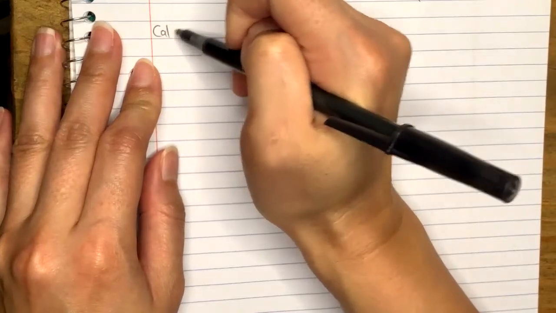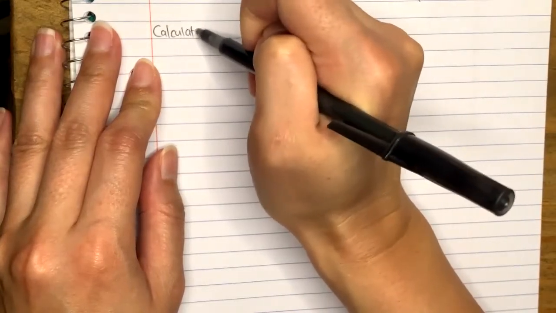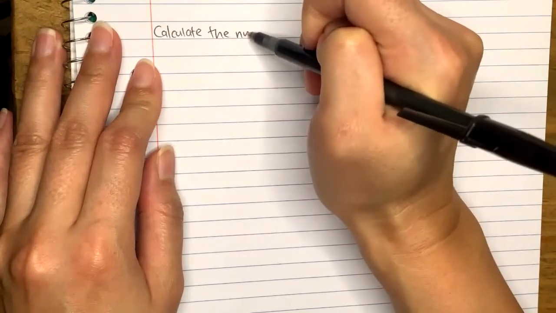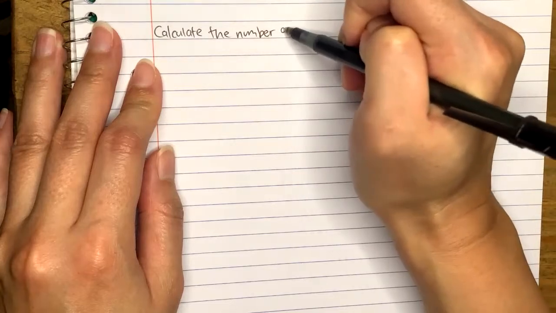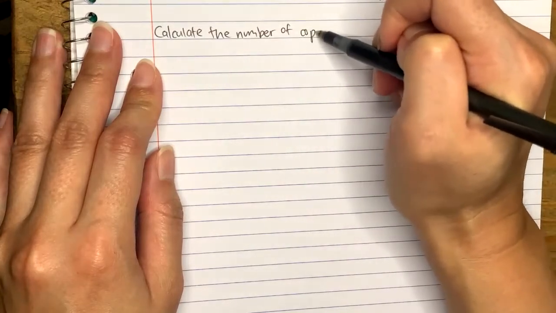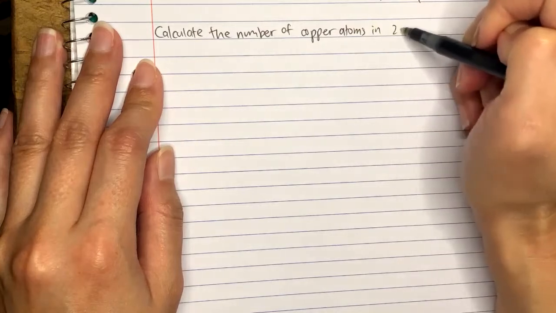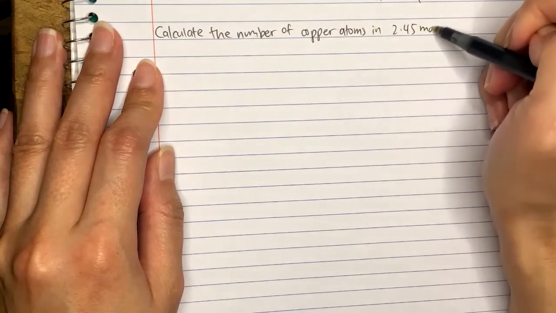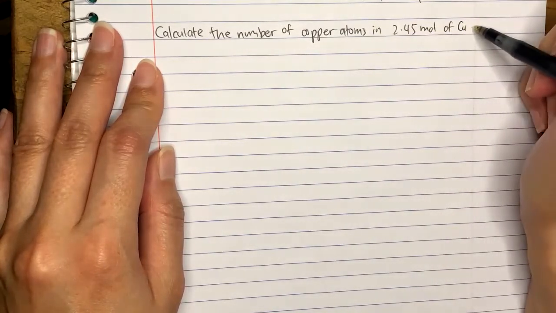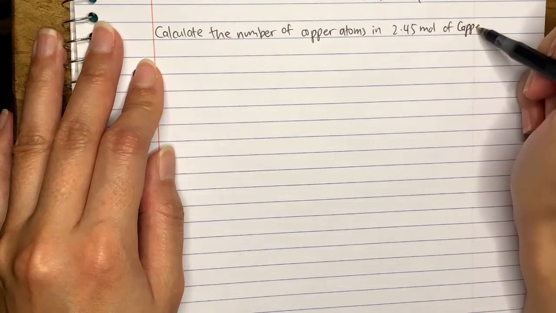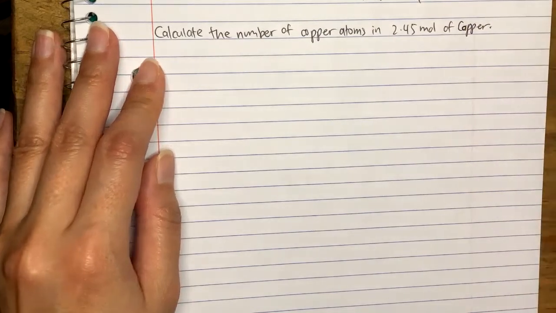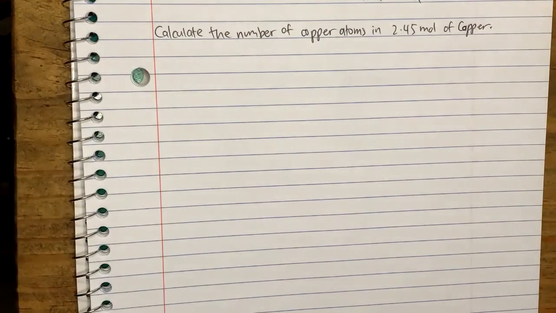Now, the first one we want to talk about, an example, is this one. Calculate the number of copper atoms in 2.45 moles of copper. So if 2.45 moles of copper, how many atoms are there?